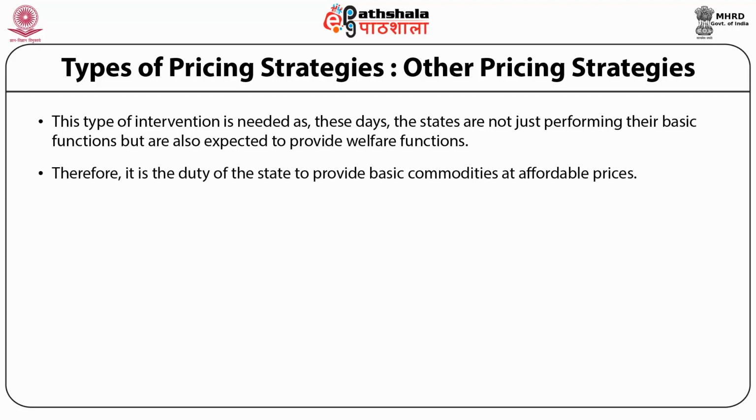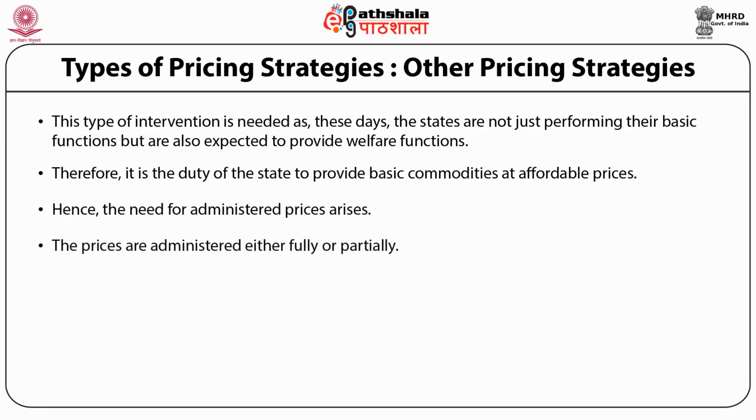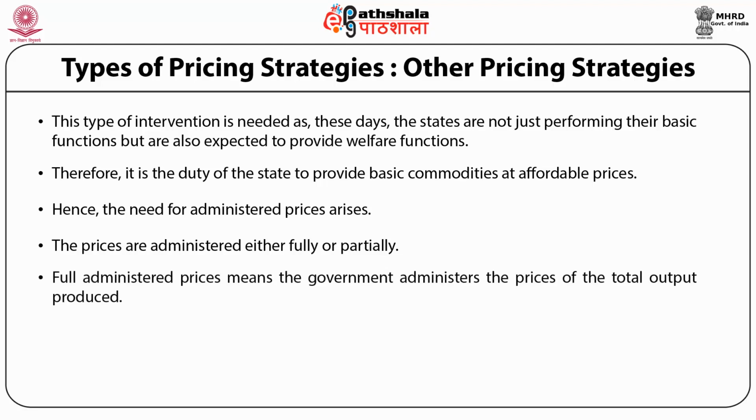Therefore, it is the duty of the state to provide basic commodities at affordable prices. Hence, the need for administered prices arises. The prices are administered either fully or partially. Full administered prices means the government administers the prices of the total output produced. The partial prices are discussed in the next category.